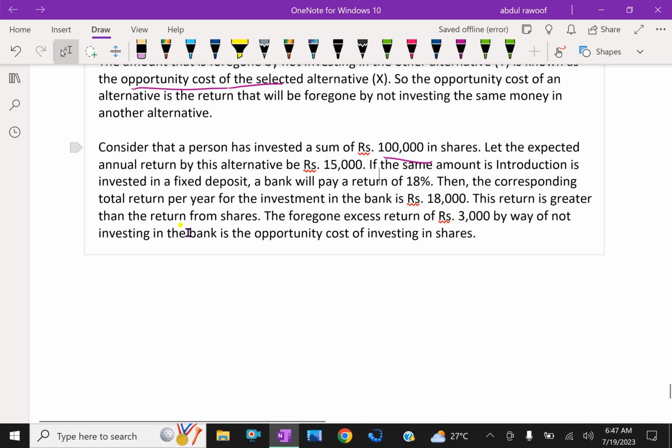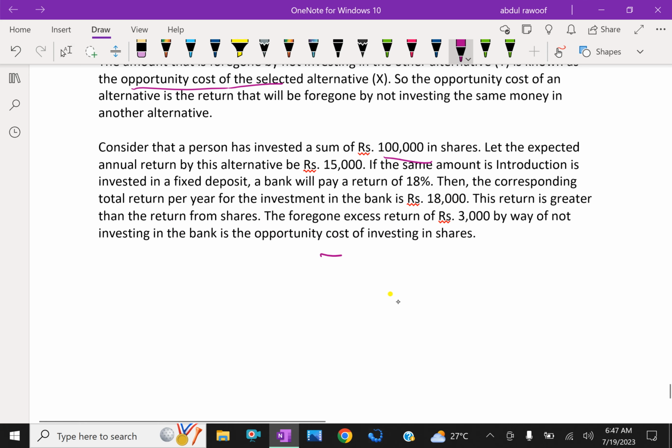This return is greater than the return from shares. The forgone excess of rupees 3,000 by not investing in the bank is the opportunity cost of investing in shares.